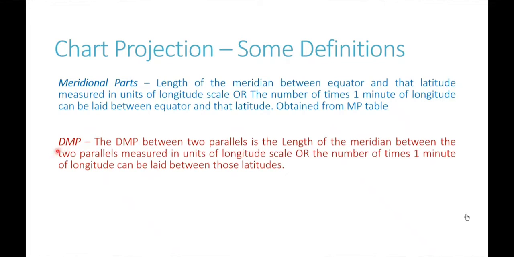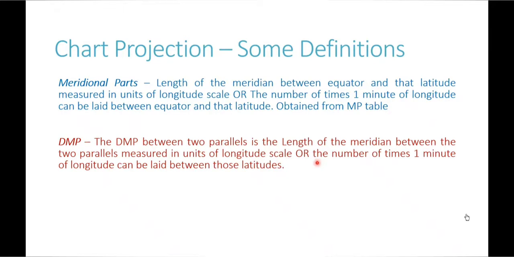Now moving on to the second definition, that is DMP. It is difference of meridional parts. The DMP, or difference of meridional parts, between two parallels is the length of the meridian between the two parallels measured in units of longitude scale.